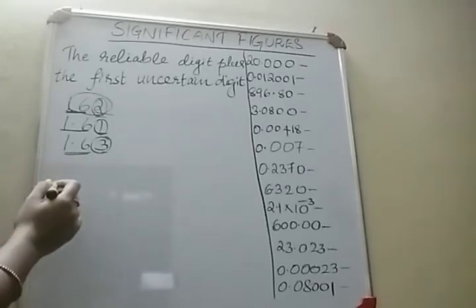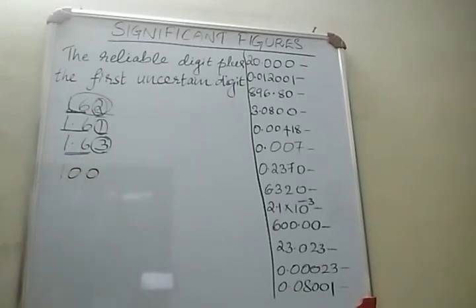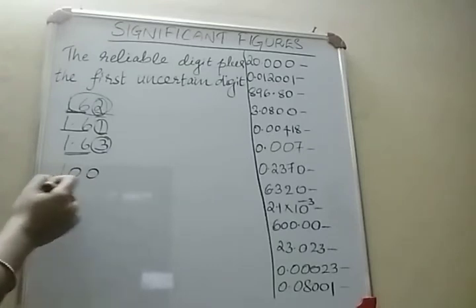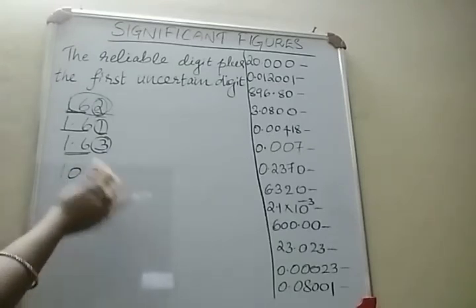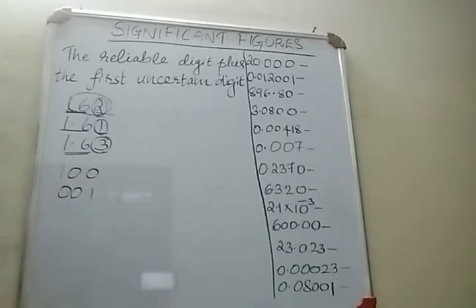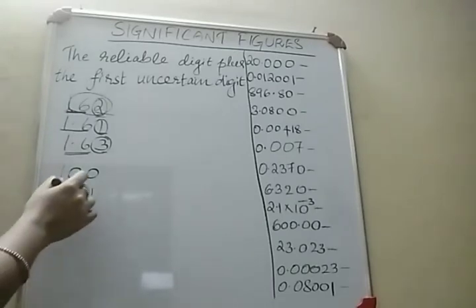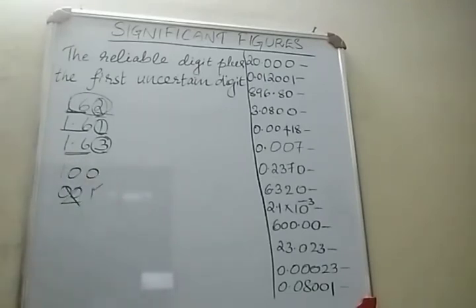Okay children, consider this example: 100. Here the two zeros make this number 100. But if we put these two zeros in front, at the beginning, are these zeros significant? No. We usually ignore these two zeros and consider only one as our significant digit.